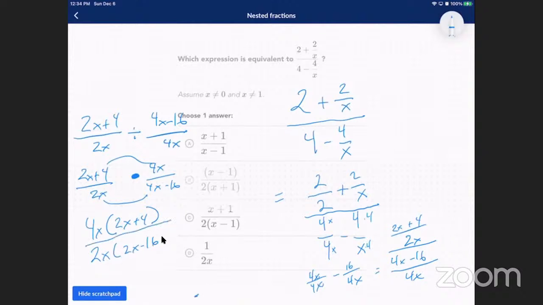Then we can pluck out the 4, right? How do we do that? We could take the 2 out. We'll end up with 2. Or maybe I would multiply it.